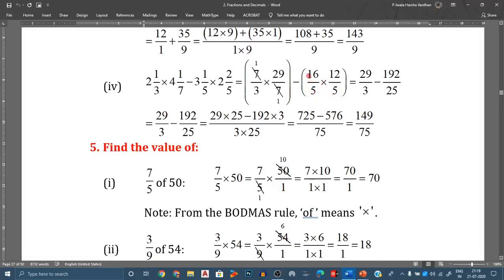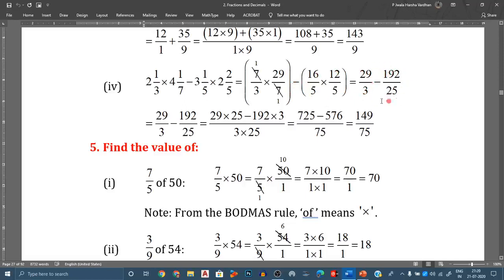Only you should cancel either the denominator and numerator only. You should not cancel numerator with numerator and denominator with denominator. Okay, that you have to remember. So now multiply this, 1 into 29, 29 by 3 ones are 3 here, minus 16 into 12, 192 by 5 5s are 25.